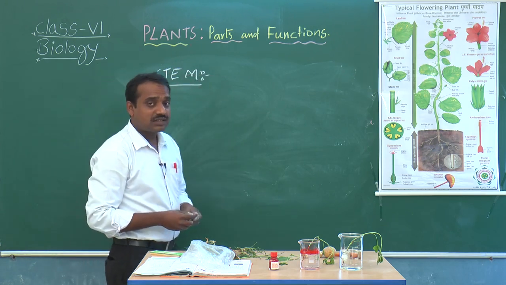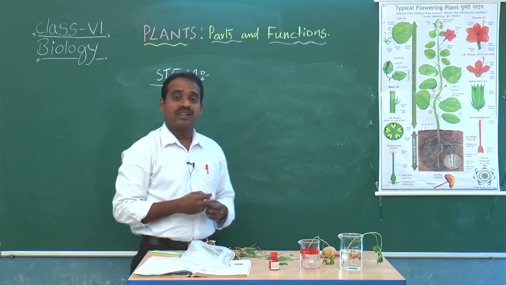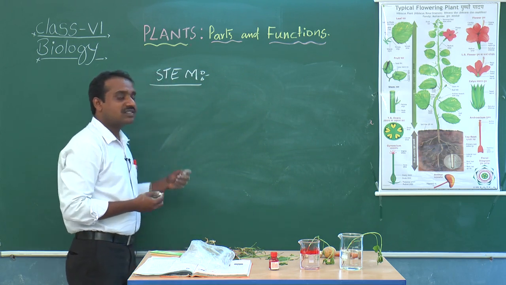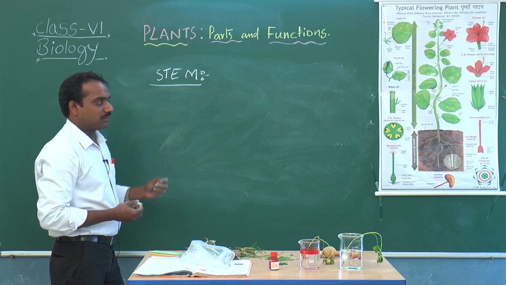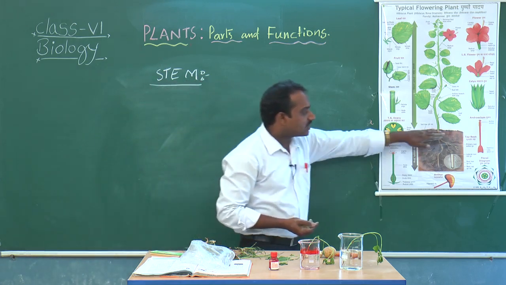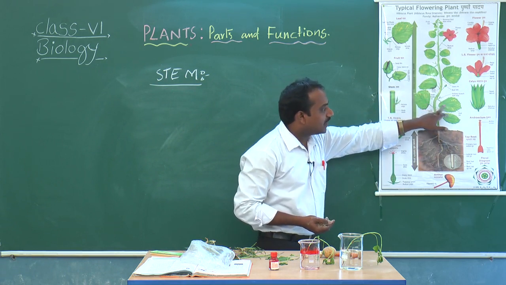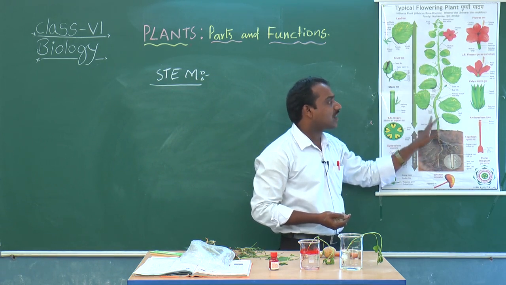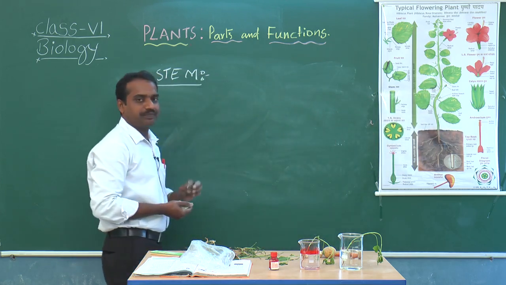Are all the stems in different plants the same size? No. Different plants have different sizes and shapes of stem. But what is a stem? The part of the plant which is present above the ground, to which leaves, branches and flowers are attached, is called the stem.